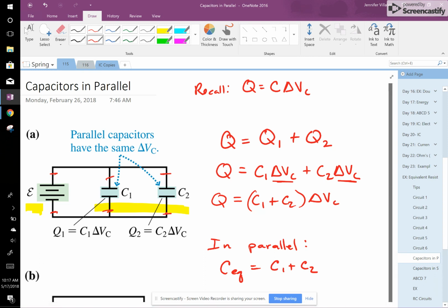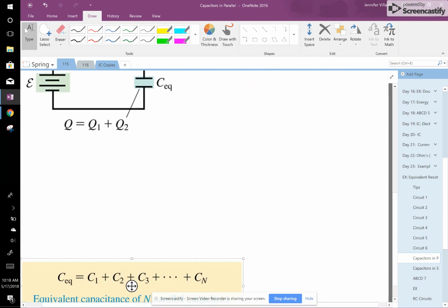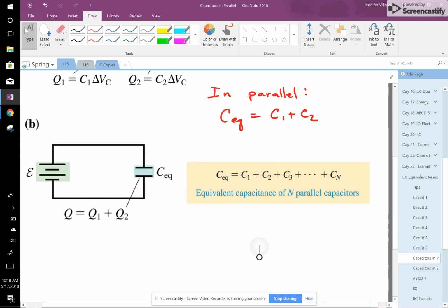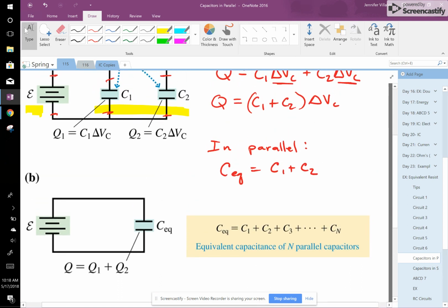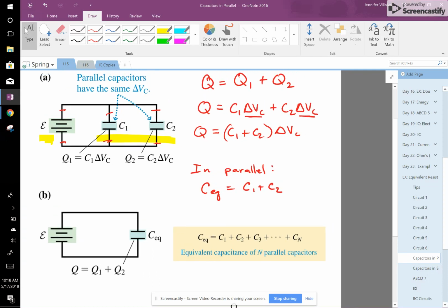But what it does mean is that we can rewrite this circuit with two parallel capacitors as if it was one capacitor with an equivalent capacitance equal to the sum of the two capacitors. And then, of course, that can be totally generalized to include as many capacitors as happen to be in parallel with one another. Okay, so capacitors in parallel, their capacitances sum together to create an equivalent capacitance.